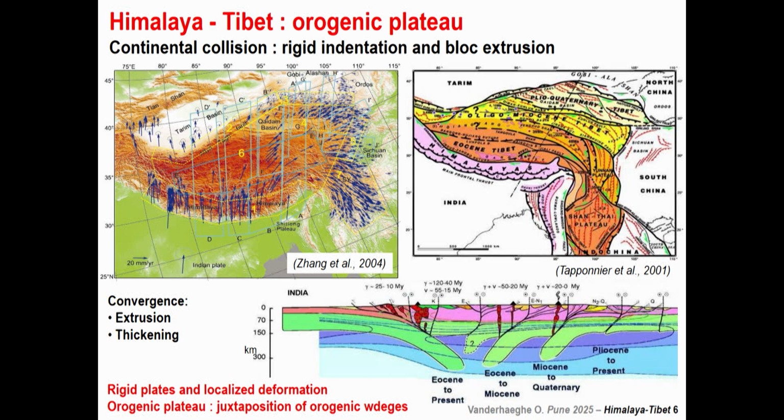nourishing this model, looking at current day displacement of points with a GPS, a global positioning system network, with stations put in different places that allow to reconstruct the displacement vector. And again, this is the same as when you look at satellite images. These are mostly measured by satellite.